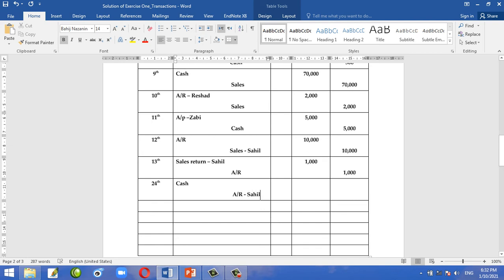We have received cash. From one side we have received cash worth 6,000 Afghanis. From the other side the credit on Sahel has decreased. Both cash and accounts receivable are assets for the organization. From one side we have received 6,000 Afghanis from Sahel.